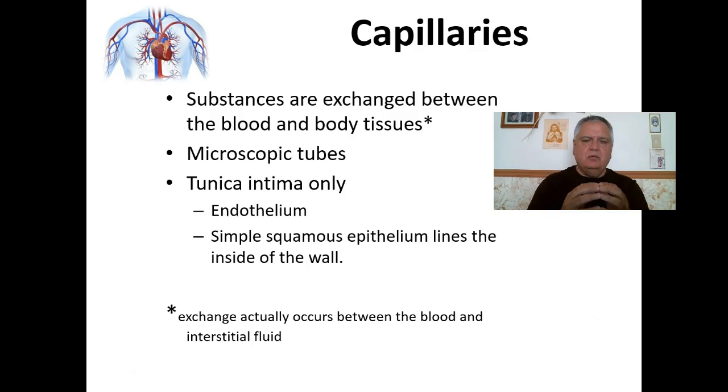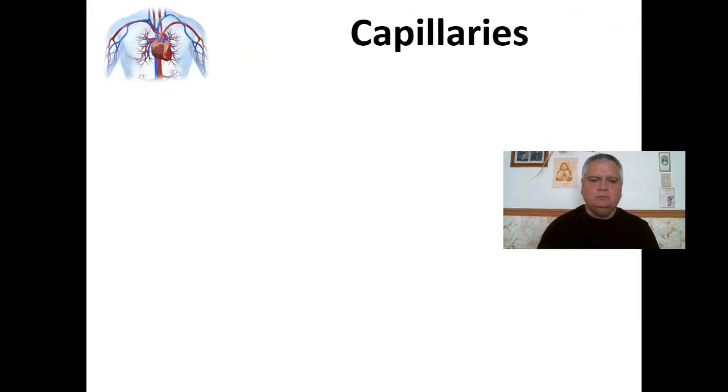So when substances are exchanged, and we'll talk about capillary exchange a little bit later on in our PowerPoint, they're exchanged between the capillaries and the tissue fluid, and then from the tissue fluid or the interstitial fluid into the cells of the tissues themselves. So just a point of clarification there.